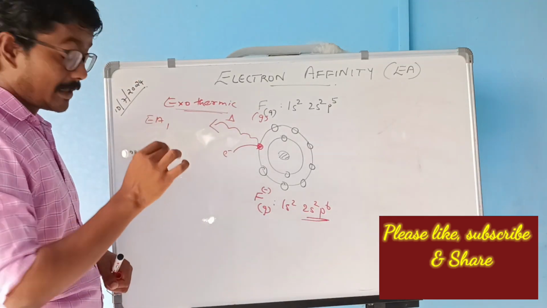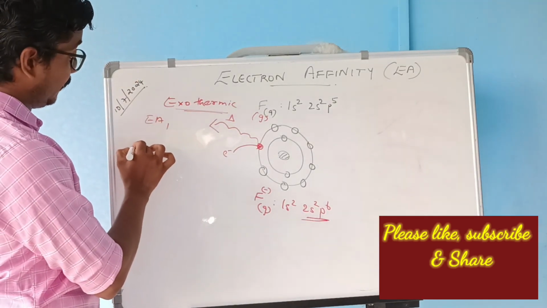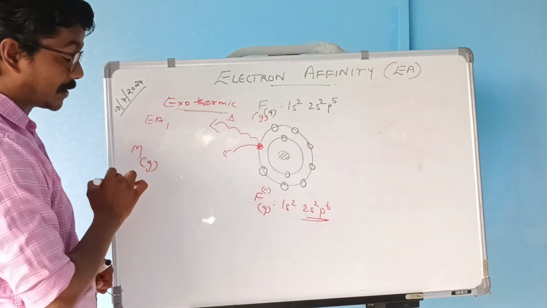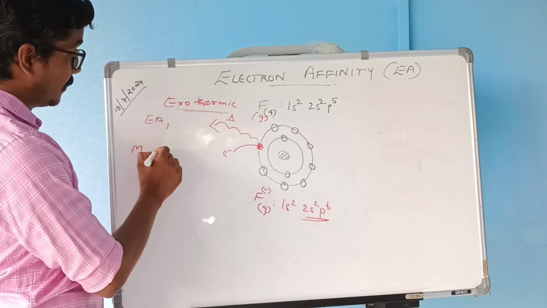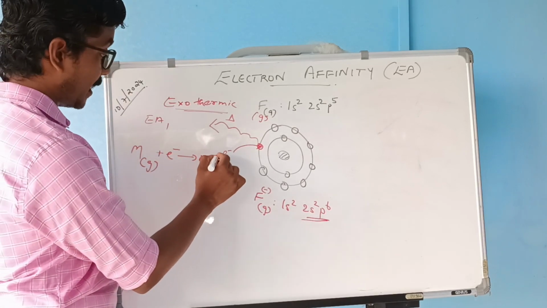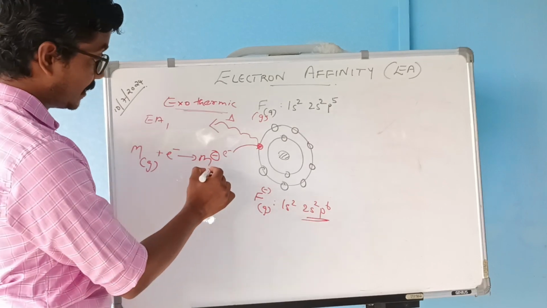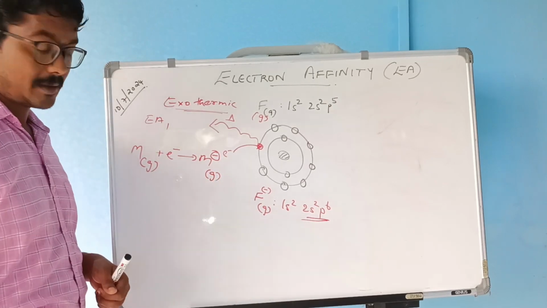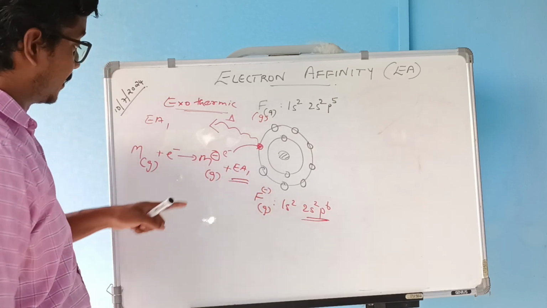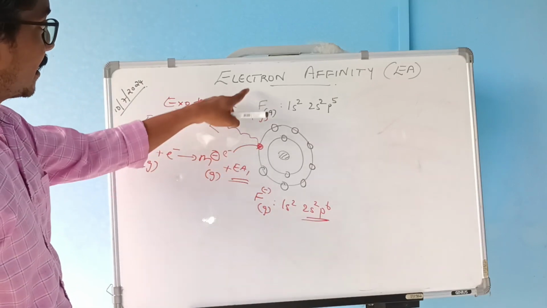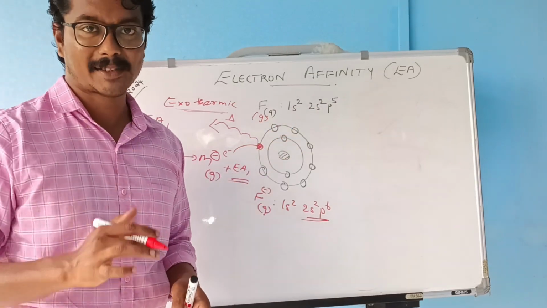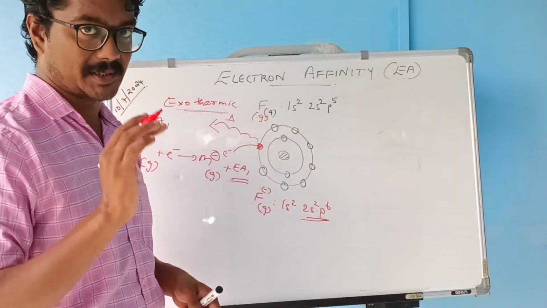We can illustrate it as: if M is the atom at its neutral gaseous state at ground level, which accepts an electron forming M minus in the gaseous state, as a result EA1, energy, gets released. So the first electron affinity is always exothermic, which means energy is released.